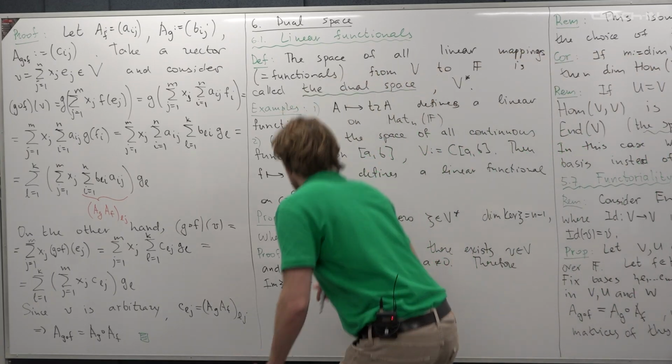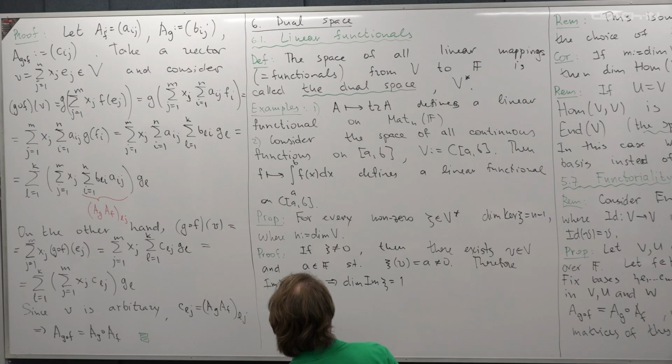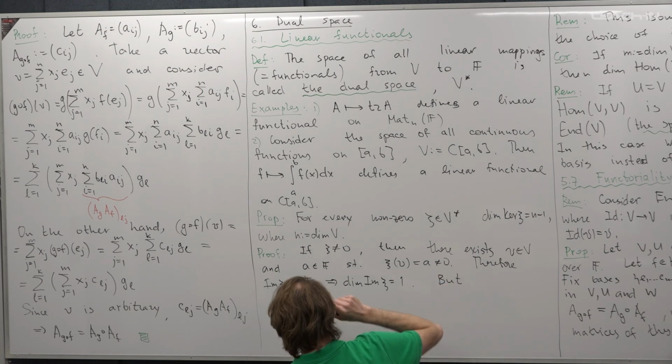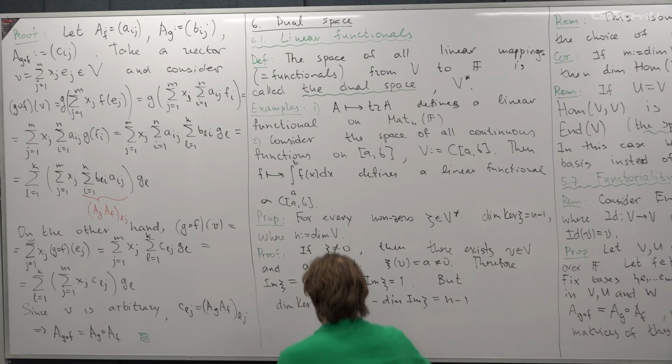So the image is the whole space, and that's why the dimension of the image of Xi is 1, and we have the relation between the dimension of the kernel and the image of every linear mapping. So the dimension of the kernel of Xi equals the dimension of V minus the dimension of the image of Xi, and so we have n minus 1.